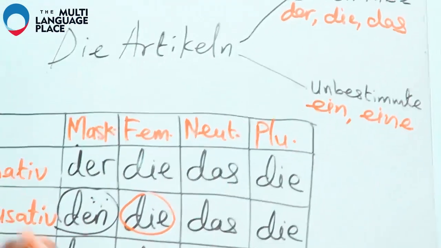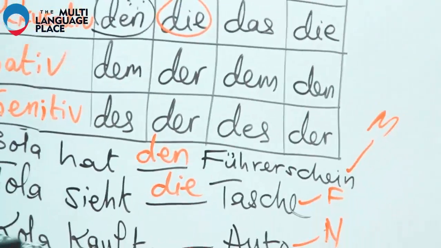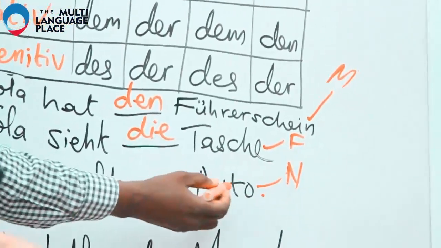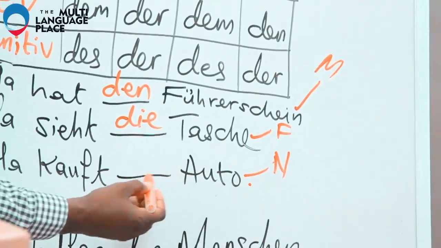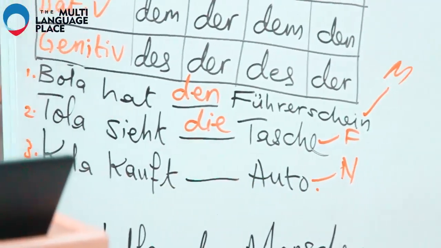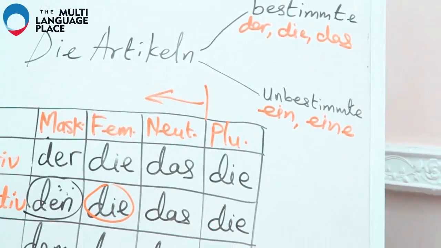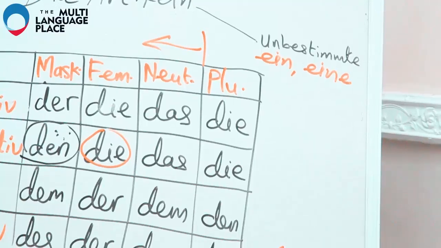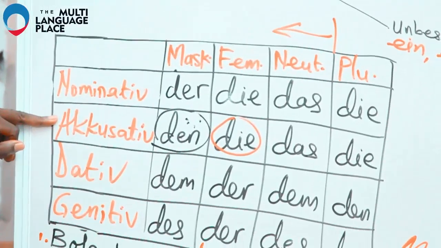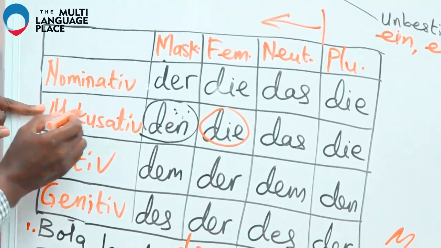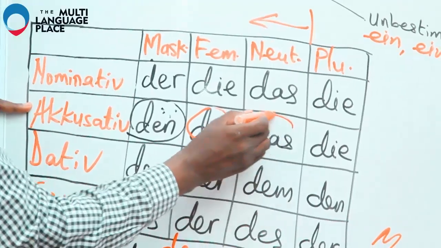So, what is the gender? It is neuter, but then this is singular, accusative case. So we go to singular, accusative case here, and then neuter. So we go straight this line, boom, and then we get here.